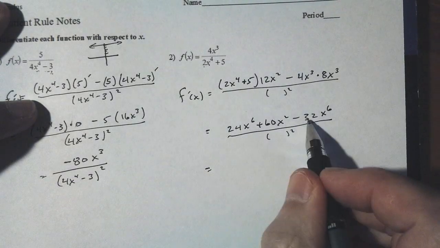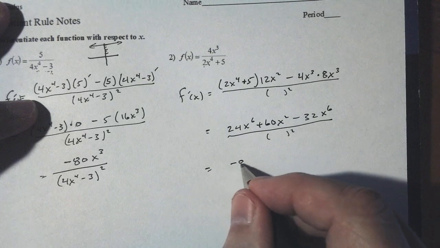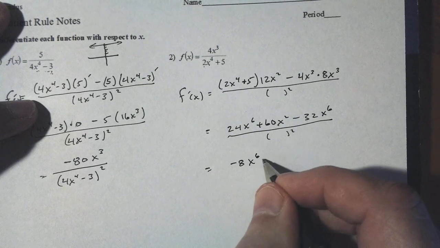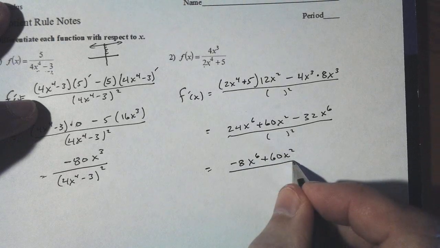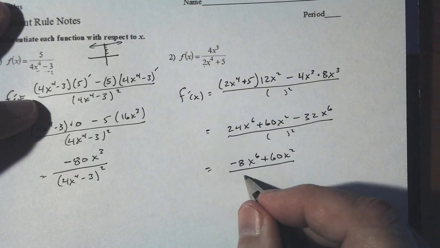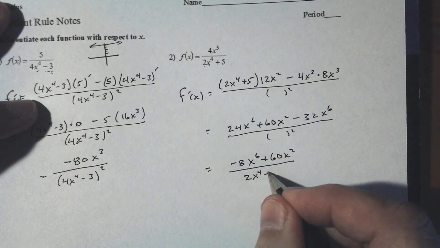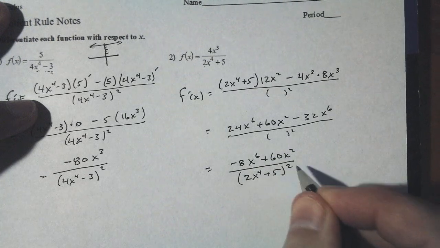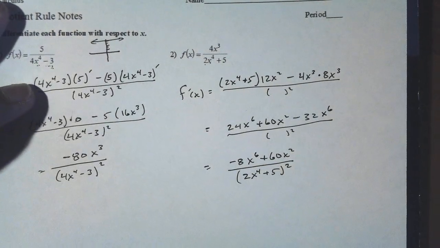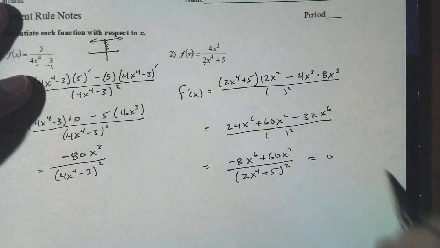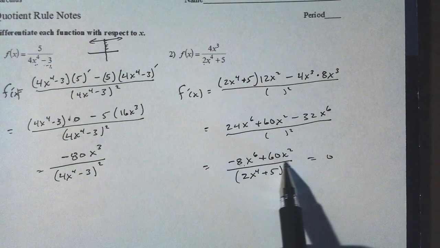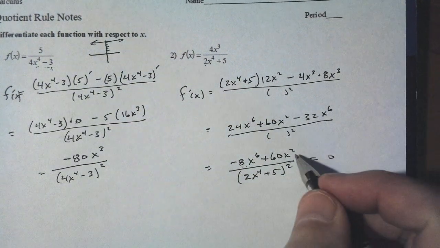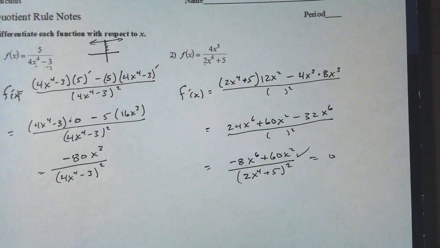So 24 minus 32, negative 8, x to the 6th plus 60x squared, all on 2x to the 4th plus 5 squared. And oftentimes we're trying to find when this is equal to 0, so we would factor this. We'd factor out a 4 or a negative 4. We'd factor out a pair of x's, but we're going to leave our answer in that form for now.